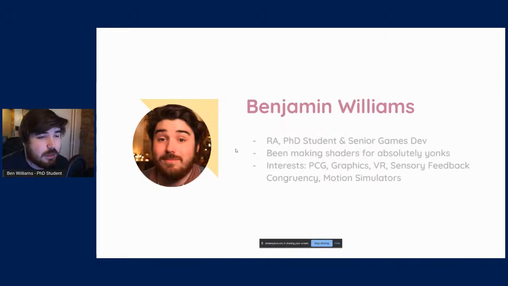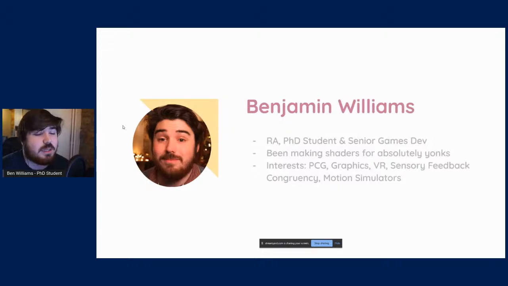So just a bit about myself before we actually begin. Some of you probably haven't seen me before. You're probably thinking, who's this guy? So my name is Benjamin Williams. I'm a research assistant and PhD student here in the School of Computer Science. I'm also a senior games developer for a games development company that specializes in VR games. I've been making shaders now for years and years and years. I've been doing code and all that kind of stuff for yonks now.